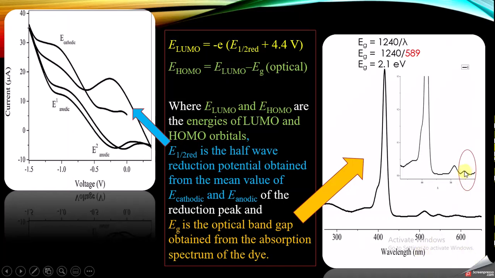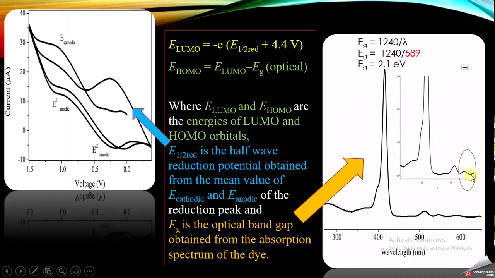You can take the wavelength of this peak, the maximum wavelength, or sometimes you also take the edge of this peak having the maximum wavelength. So you get the wavelength from either the peak position or the edge of this highest wavelength peak.